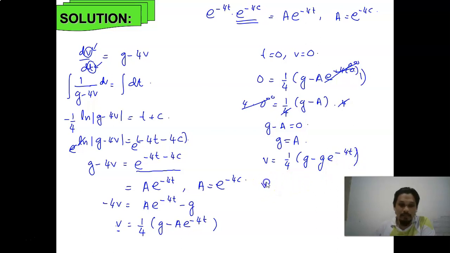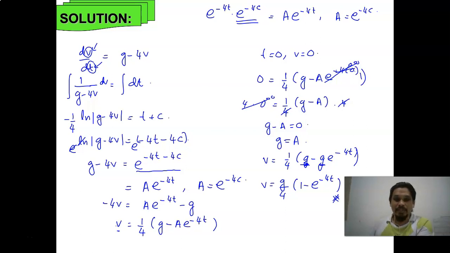Then v equals g over 4, where we have g here and g here. So we factorize, take a g outside, multiply with 1 over 4, become g over 4, then 1 minus e power of negative 4t.